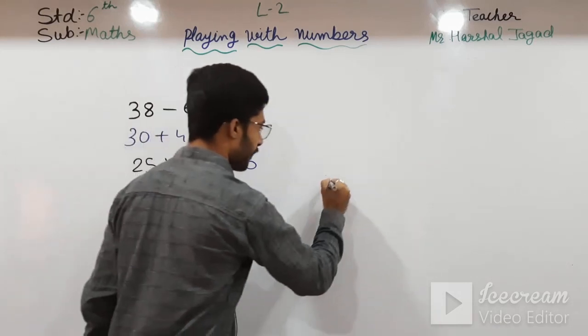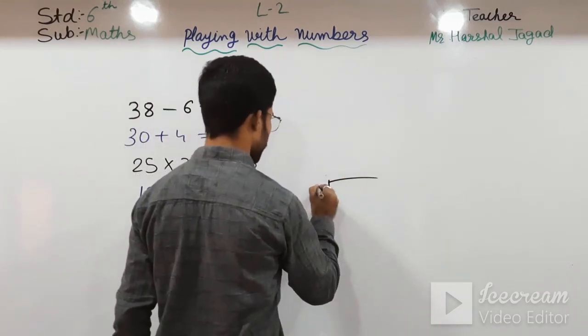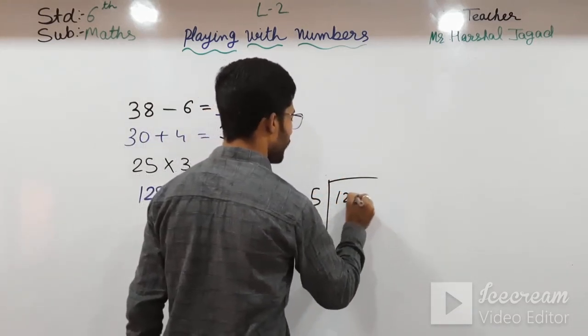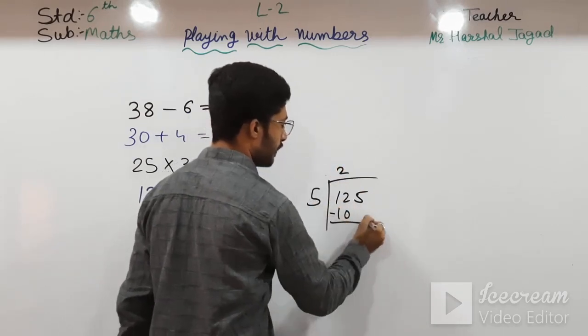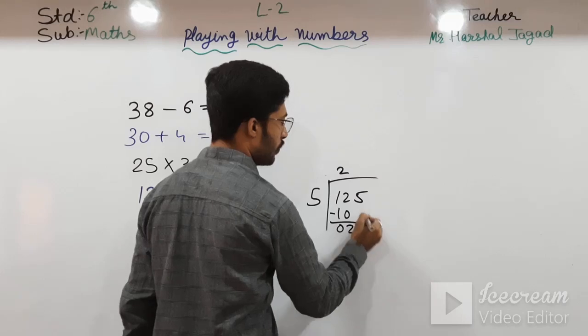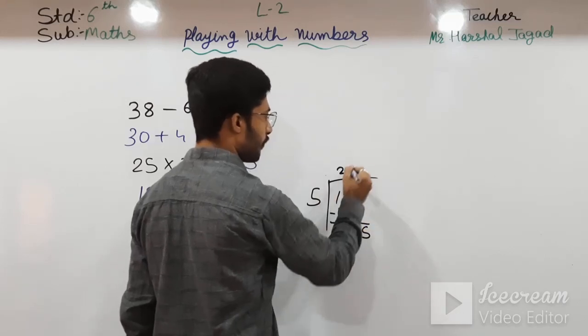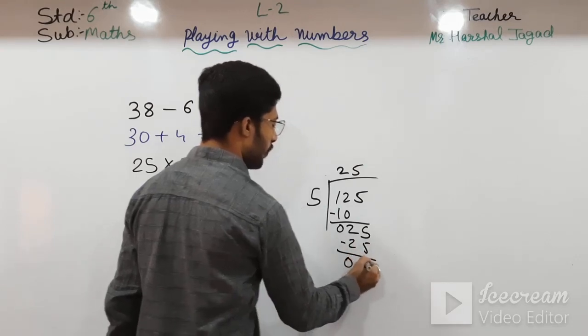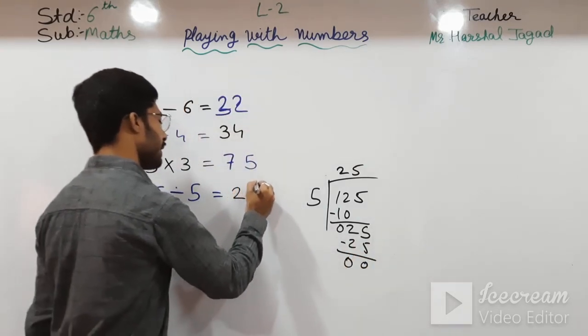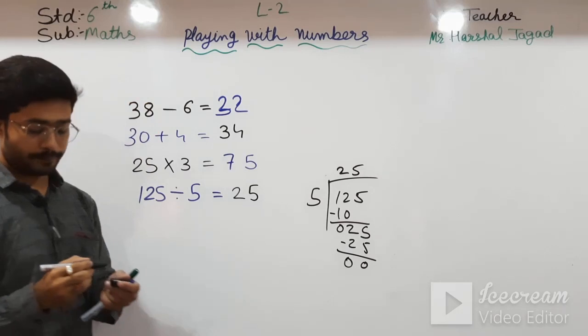In this method, 5 into 125, 5 2s are 10, here 0 2, here comes 5, so 5 5s are 25. Okay students, so the answer will be 25.